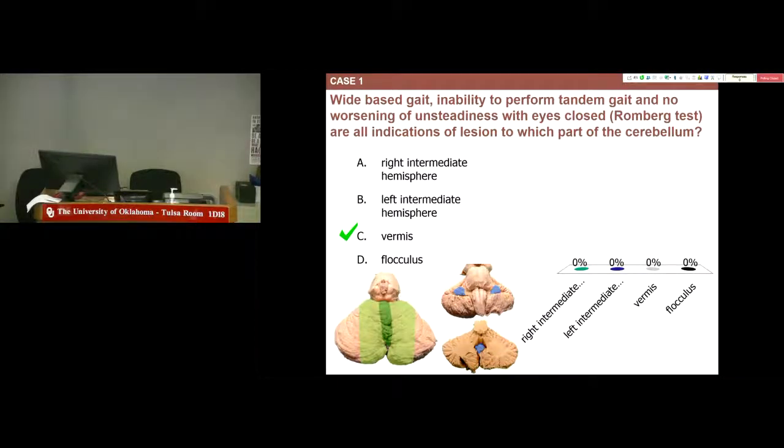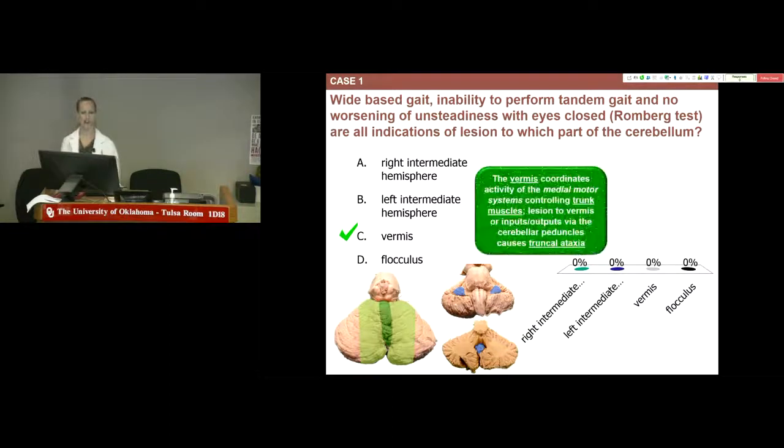The middle of the cerebellum controls the middle of your body. So again, this is somatotopy at work. There are lots of motor systems that control your balance muscles, but they are all coordinated by the vermis. If the vermis is not working, you have to compensate with things like a wide-based gait and a wide-based stance, and if you can't, those are all signs of truncal ataxia.